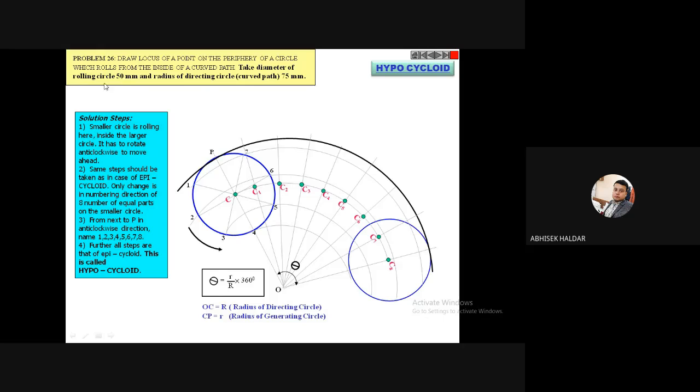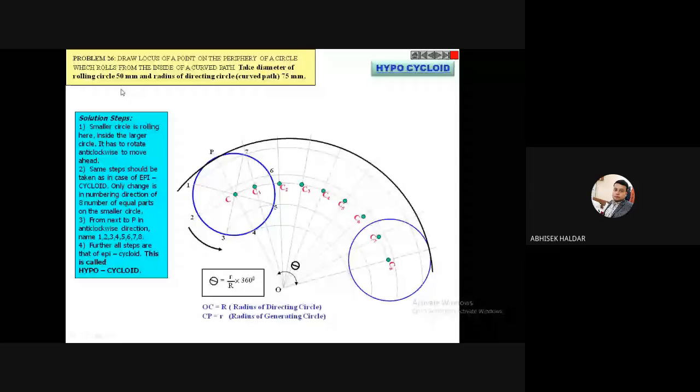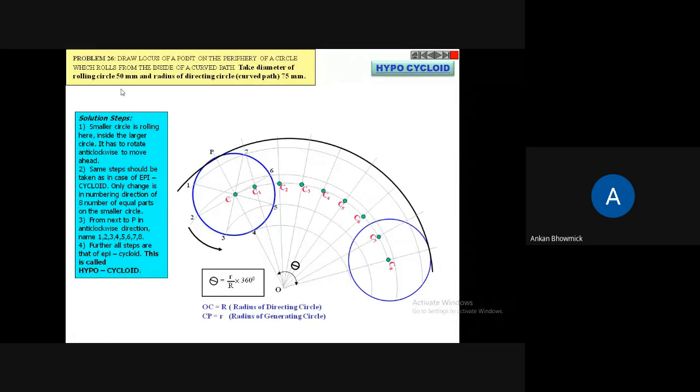That means 28.5 millimeter is my radius. Then how will you take it? Who can tell me? 2.85 or 2.9? No, you cannot approximate that. If I am getting a radius of 28.5 millimeter, I cannot take that by scale.